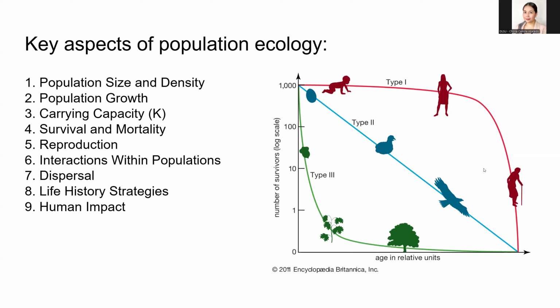Now, of course, we also take a look at interactions within populations. So, you're already very familiar with competition. And ang gusto ko lang i-highlight, because again, I've received reports from your lab faculty that there might be some misconceptions about competition. Competition can happen within individuals of the same species.